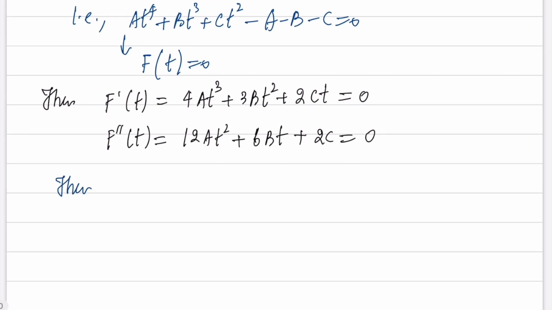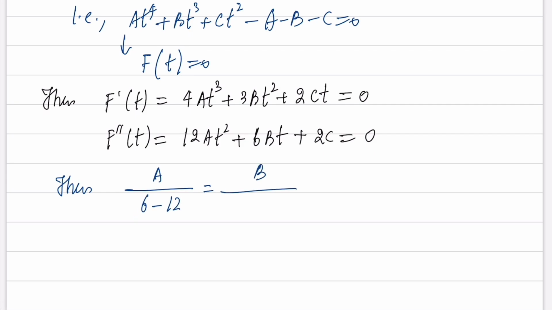So solving them with the cross multiplication rule, we get a divided by 6 minus 12, which is equal to b divided by 24 minus 8, which is equal to c divided by 24 minus 36.